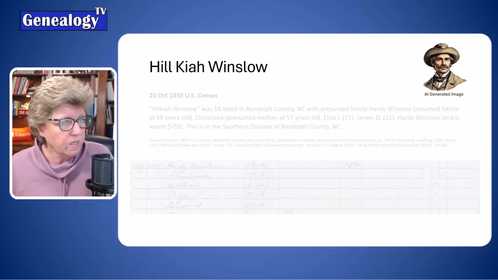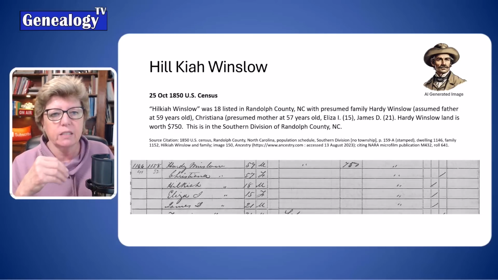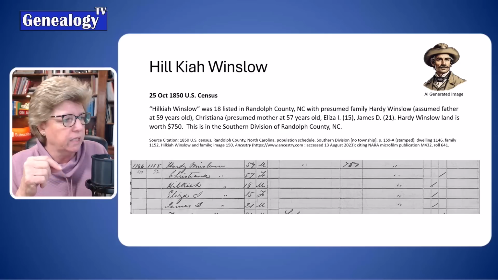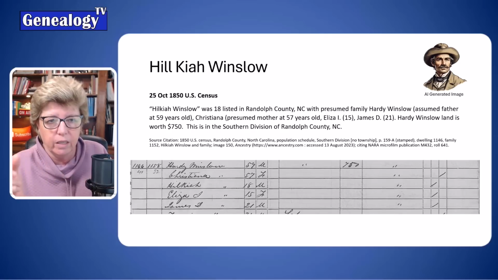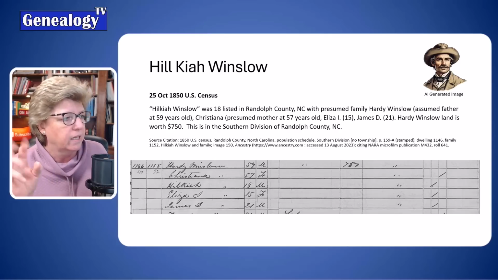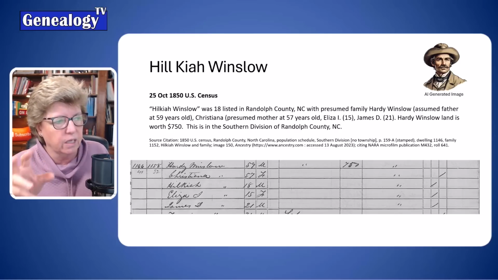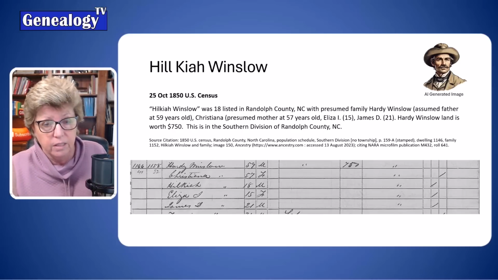Another piece of the research that I had in my research notes was the 1850 census. Again, as you can see, I'm starting with the date and the item. So it's the 25th of October, 1850 US Census. I put Hill Kiah in quotes here because it's spelled slightly different than some other records.